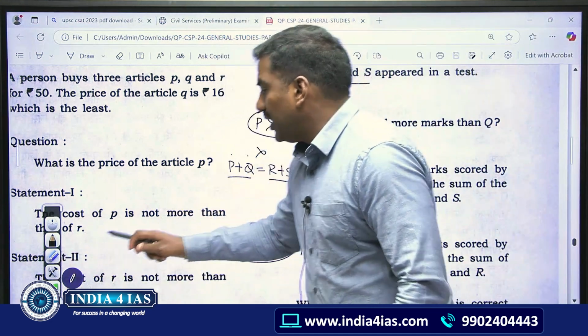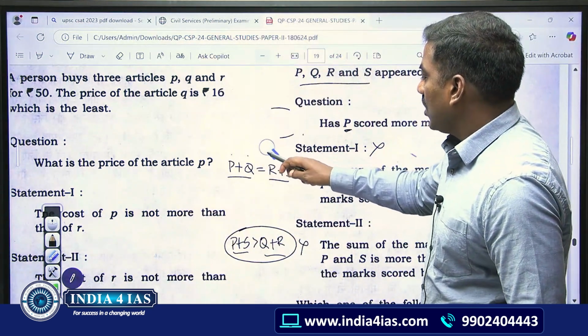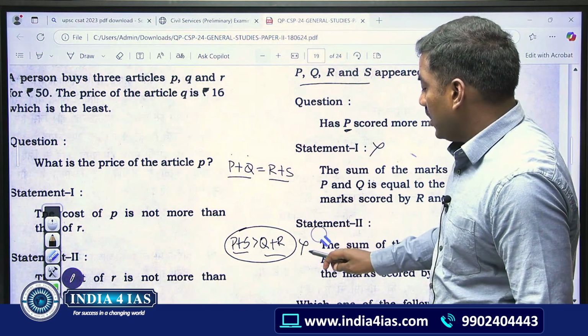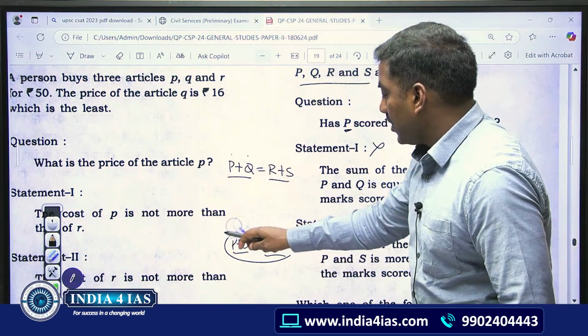But using both the statements, can we see something here?